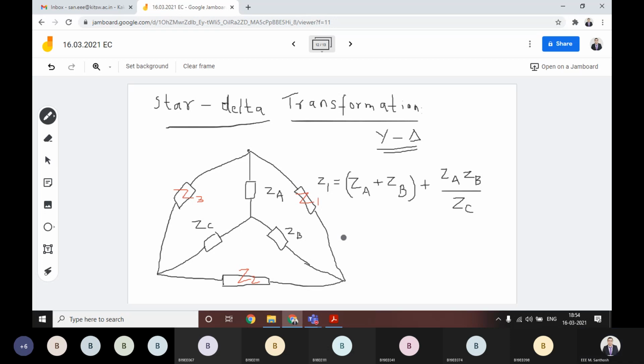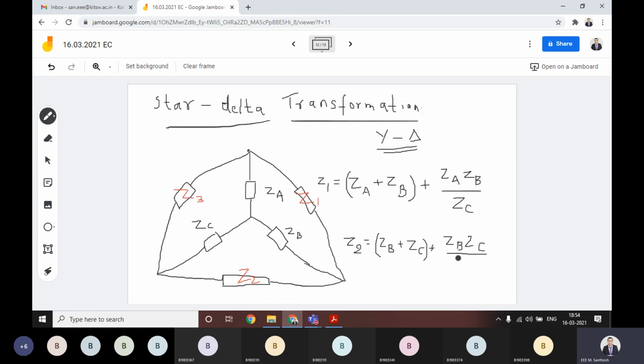Then similarly, how to calculate Z2? This is ZA plus ZB plus ZB into ZC by the opposite value, which is ZA.